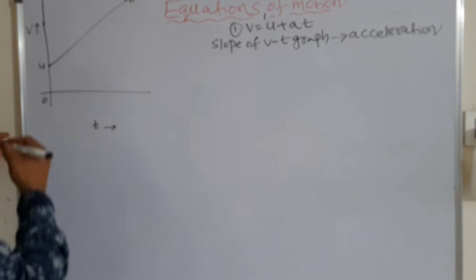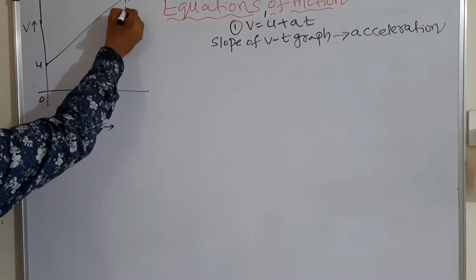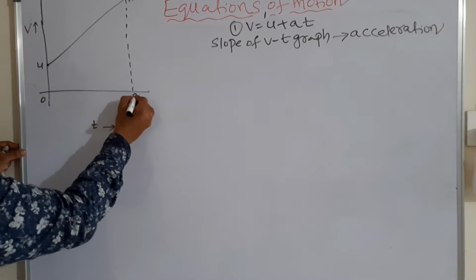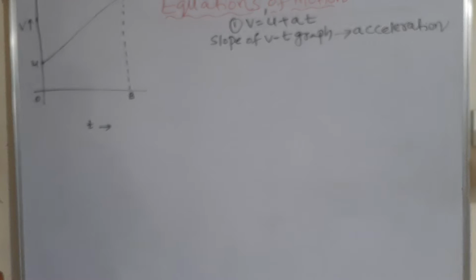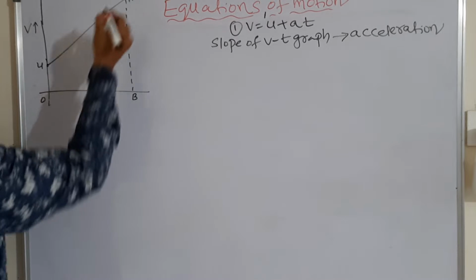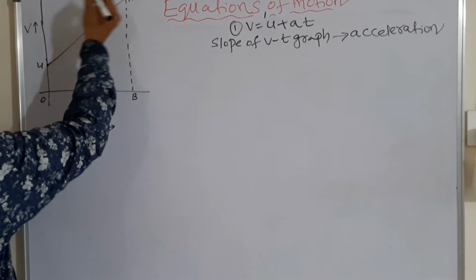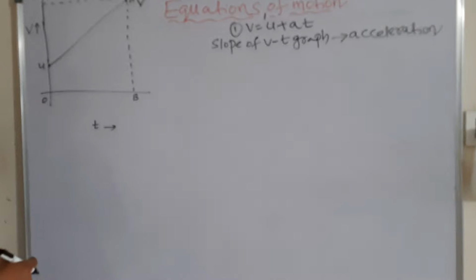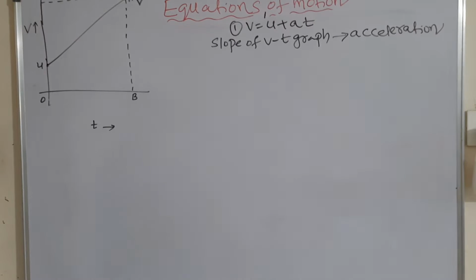Now fix the first and second points and draw a perpendicular line. This is B on the time axis. Next, fix the slope, fix points 1 and 2. Then at this point write the y-axis value. Suppose the velocity at point 2 is V. I hope it is clear.